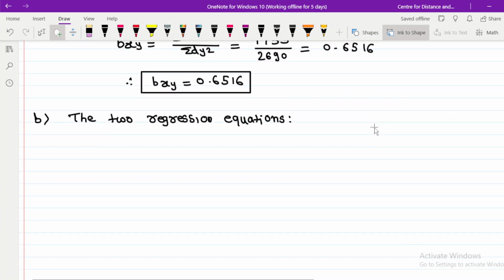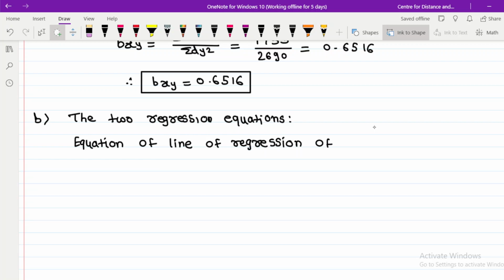First we find the equation of the line of regression of y on x, that is y minus y bar is equal to byx into x minus x bar.